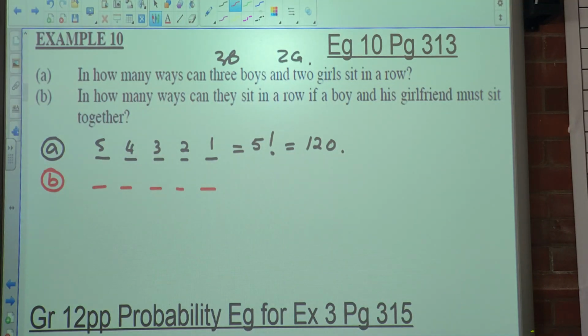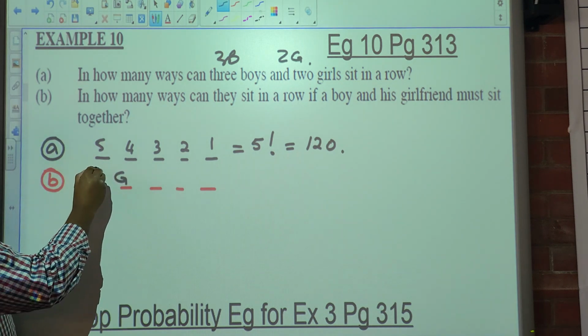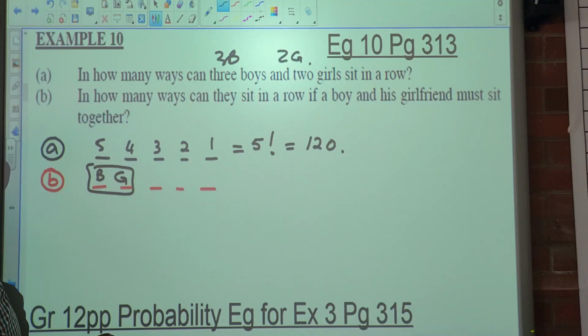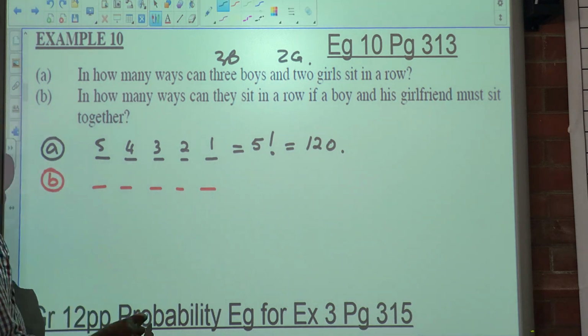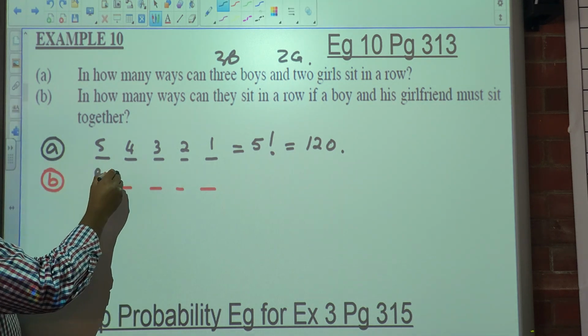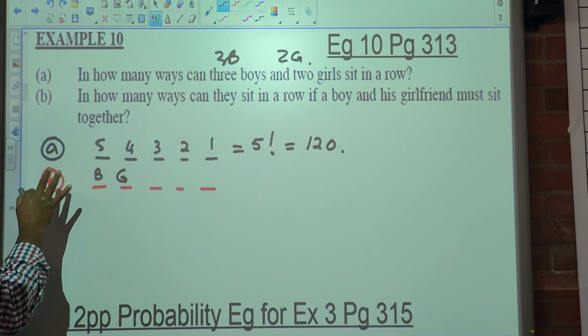Now, this boy and his girlfriend, let's put them here. Boy and the girl. And we bind them. Before we bind them, the boy and the girl sit here. They must sit together.